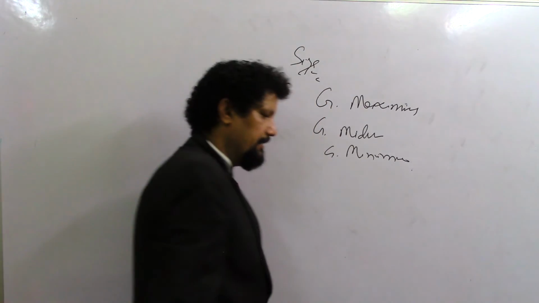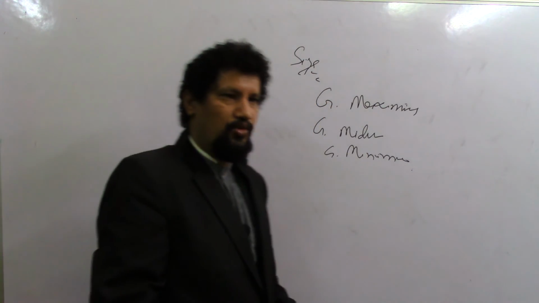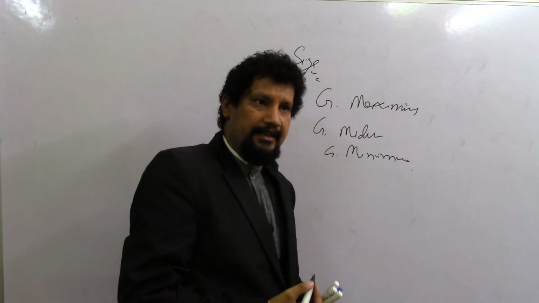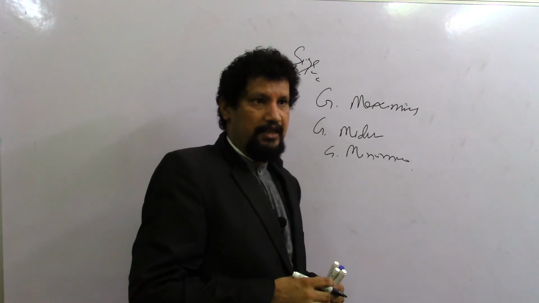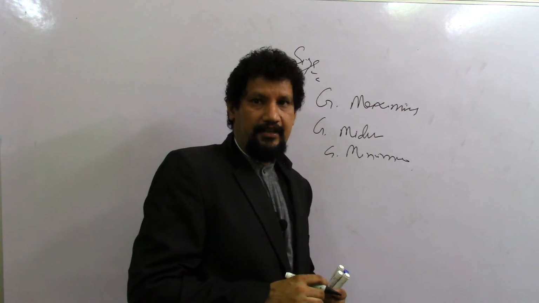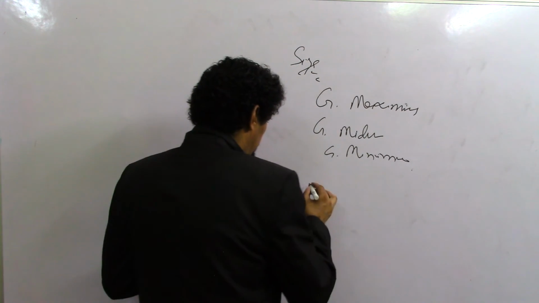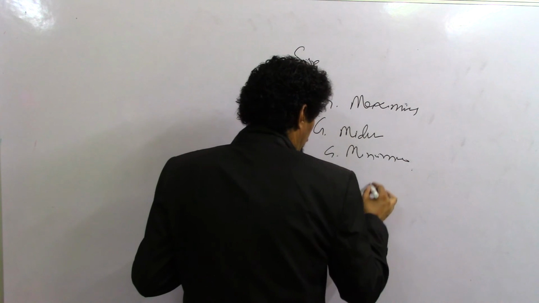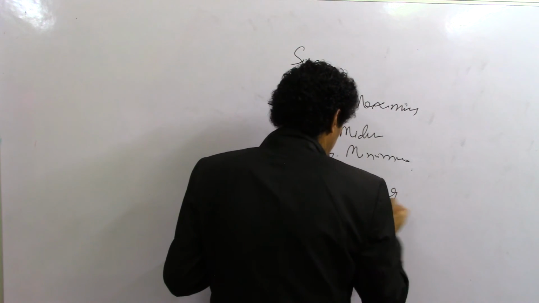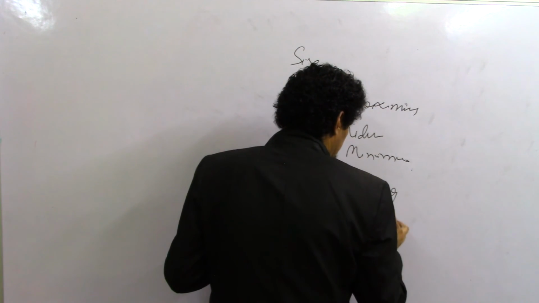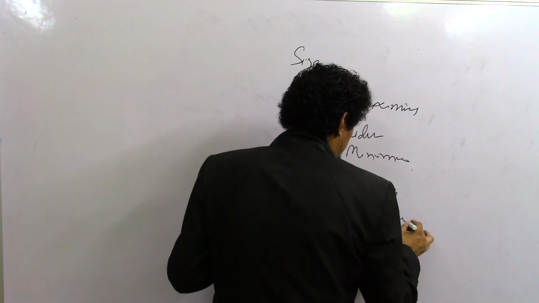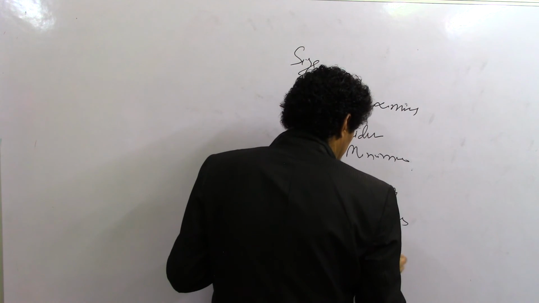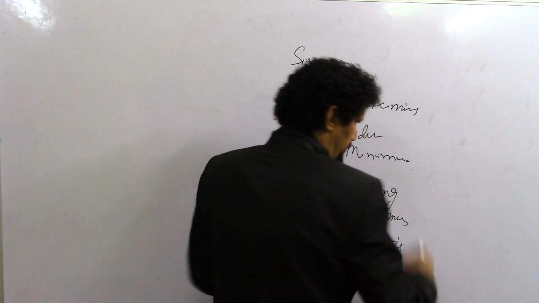In the same way, we can see adductor longus, adductor magnus, and adductor brevis. Longus when it is long, magnus when it is large, and brevis when it is small.